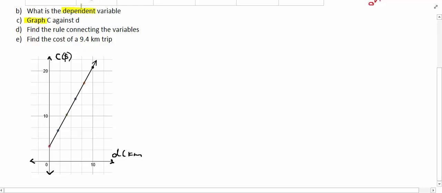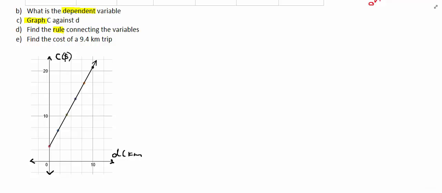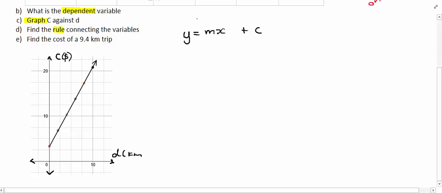In the next part, we're asked to find the rule connecting the variables. So basically, if we're talking about a rule connecting the variables, it's asking us for the expression, so the equation or the function that describes this situation. So if we think back to what we know about linear relationships, we know that y equals mx plus c.